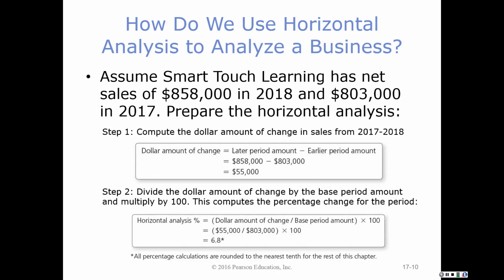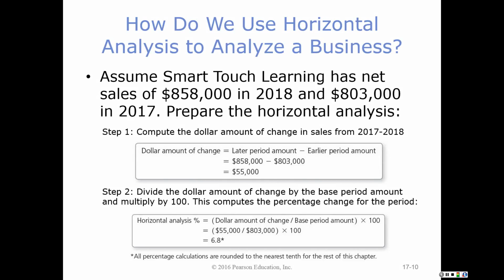So for example, if we want to look at a change in sales, if sales have gone from $803,000 in 2017 to $858,000 in 2018, we can very rapidly identify a $55,000 increase in sales. How do I know if that is significant? Well, what is the percentage increase?